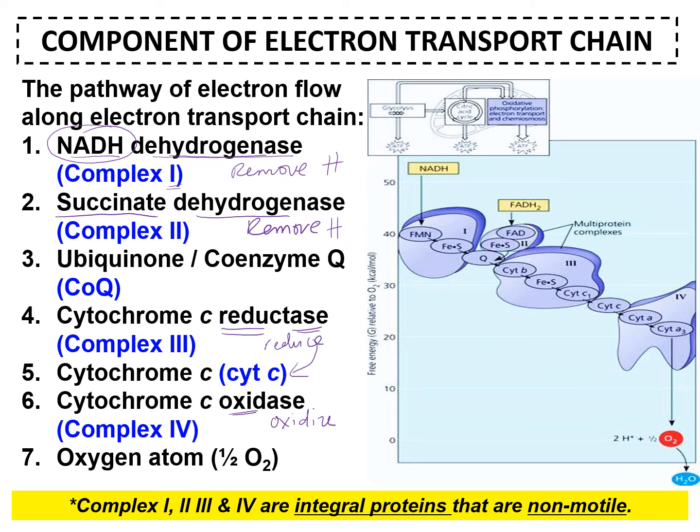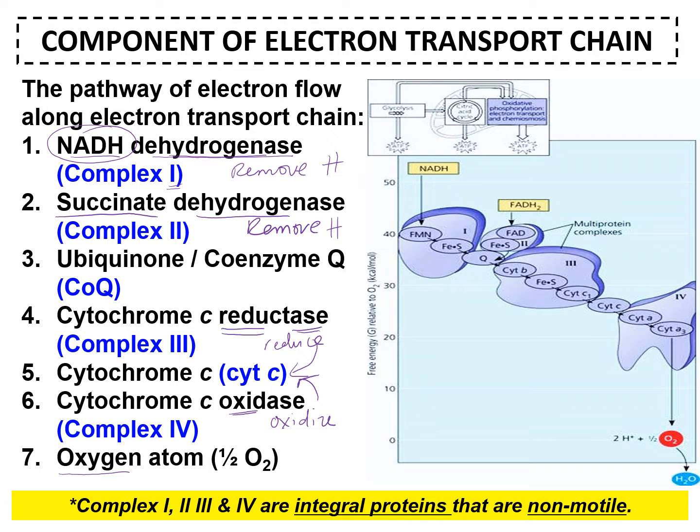Okay, the name itself helps us to know what they do. Still involving cytochrome C. Complex 3, cytochrome C reductase, and complex 4, cytochrome C oxidase, do have to do with the redox reaction. And the last component is the oxygen atom.